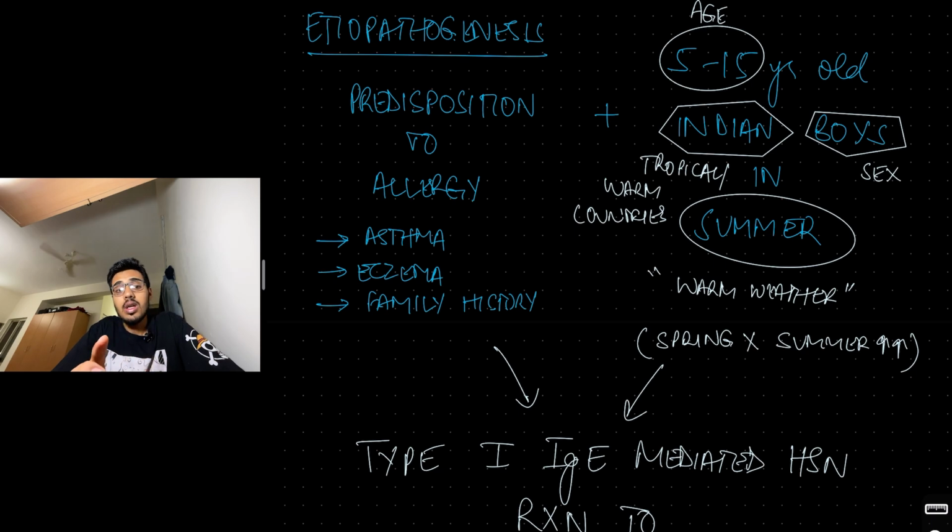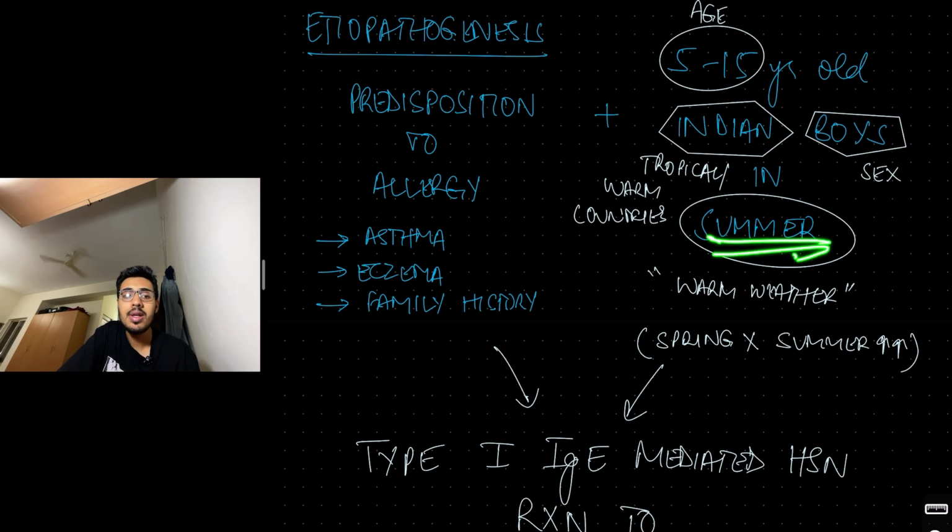Then for other risk factors, I remember them through this sentence: 5 to 15-year-old Indian boys in summer holidays. So in this line you have all the risk factors. 5 to 15 years old, so a very young age. Indian boys, so what do you think? Something to do with tropical climate, warm countries. Boys, sex, more common in males.